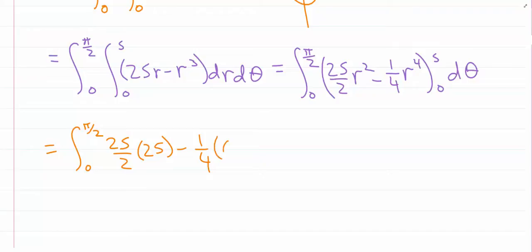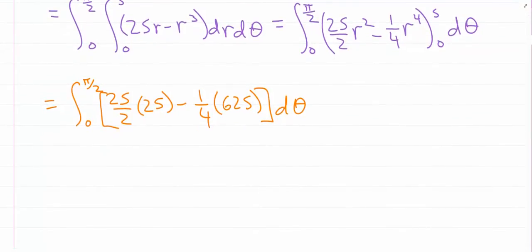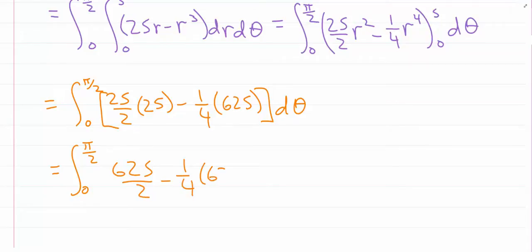Okay, so 625 d theta. Okay. So what is this? Is this 625 as well? 25 times 25? Okay. 625 over 2 minus 1/4, 625 d theta.